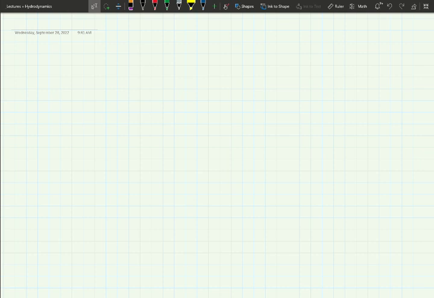Okay, let's talk a little bit about continuity. This problem is kind of cool. So think about it like this. We got this, we got this, we got this, and then we can have some fun with it here.